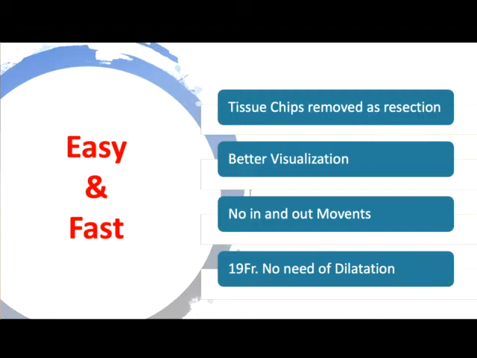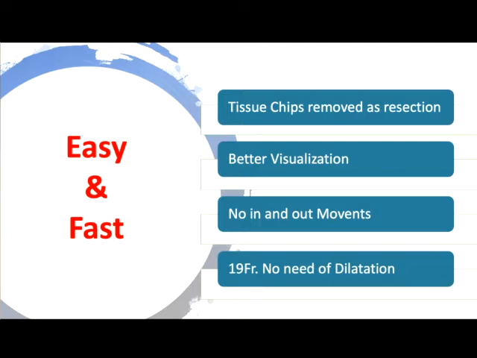First of all, and this is the main reason why the shaver is easy, the shaver is able to remove the tissue chips at the same time as you do the resection. And this is the key point. By doing this, you increase your visualization. So you always have the view of the cavity, of the pathology, and you never lose your visualization. That's the main important reason.